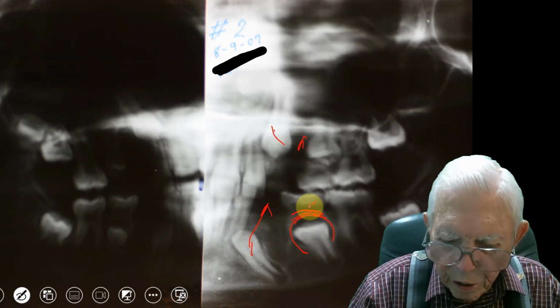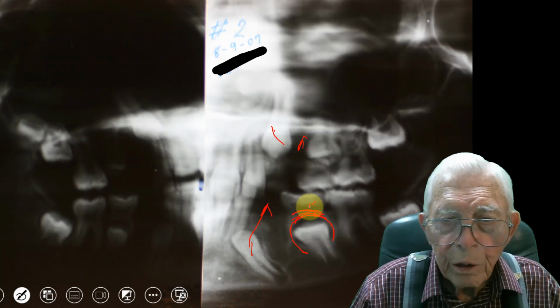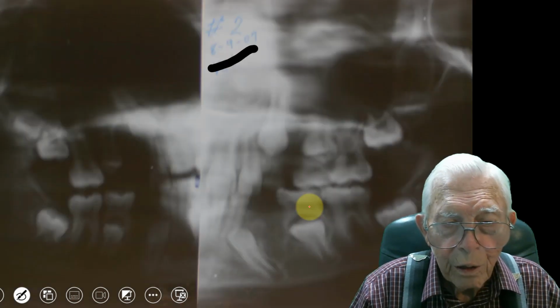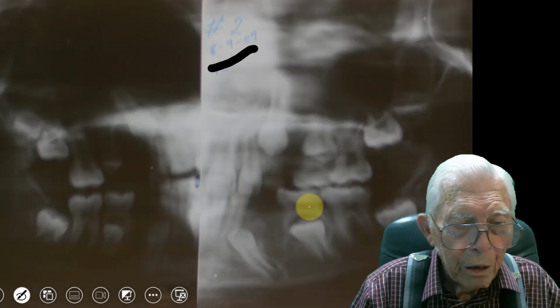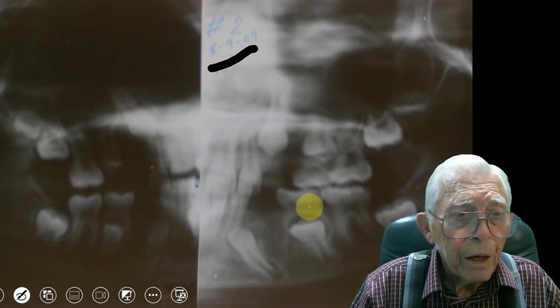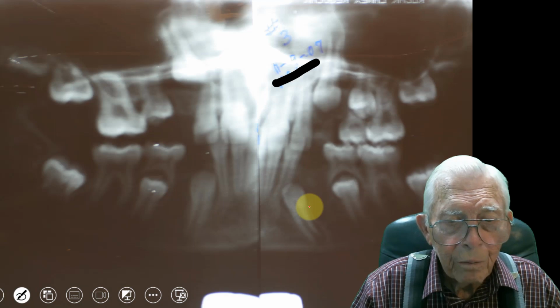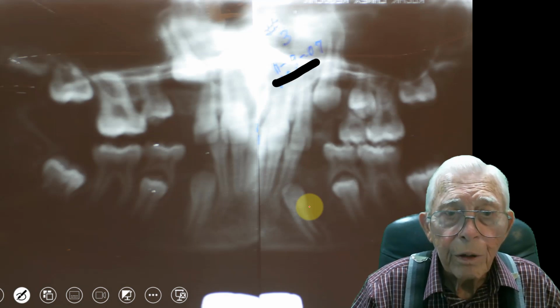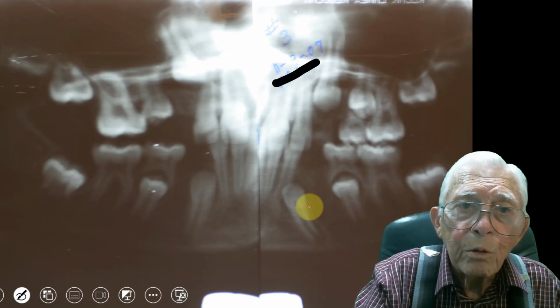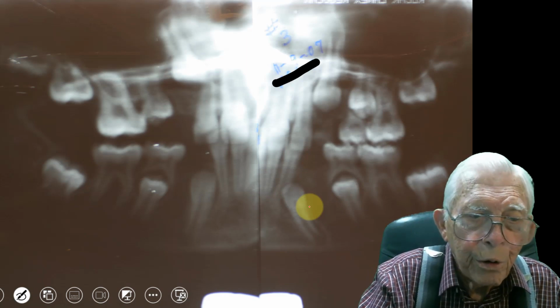So let's look at the next x-ray on this case. I'm sorry for the x-ray, but here it is again. That tooth is there. We've extracted it. This is our third x-ray, around 11/12/07.